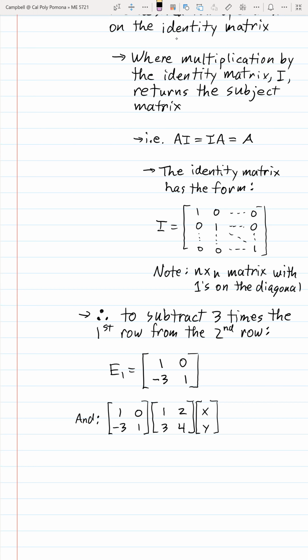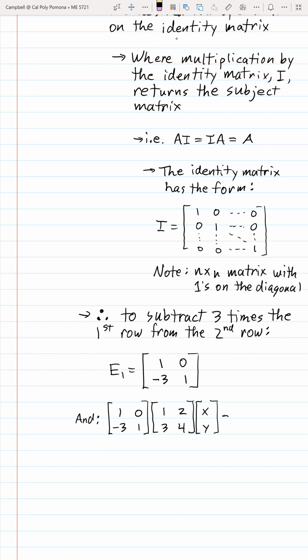But then when I get to the second row, what happens? I'm going to have a -3 times this 1, and a -3 times this 2. And then I'm going to add that to this 3 and this 4. Well, that's nothing more than taking 3 times the first row and subtracting it from the second row. So -3 plus 3 is just going to give me 0.